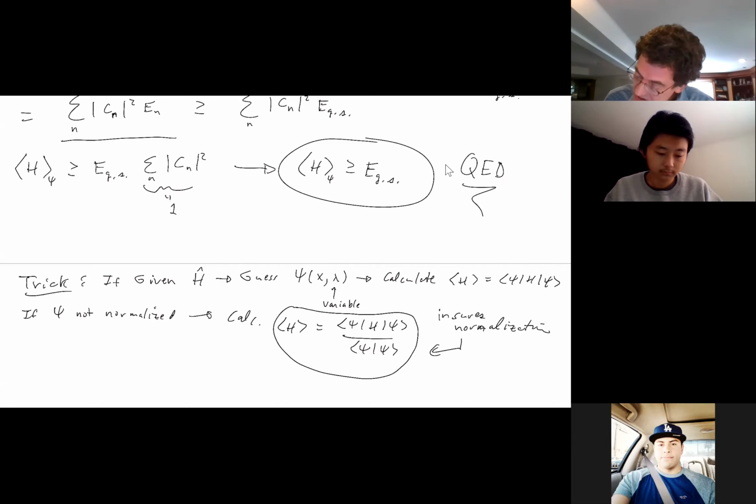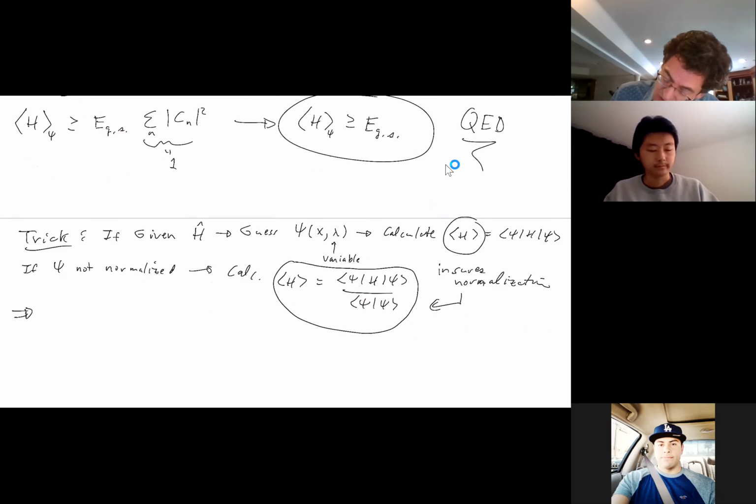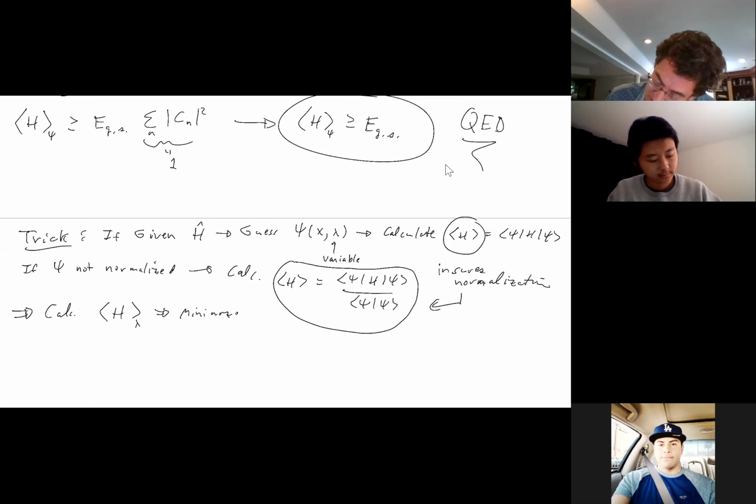And so you guess the wave function, you calculate this, but then what you've actually calculated is the expectation value of H as a function of this variable lambda. And then what you do is you can minimize H with respect to lambda.